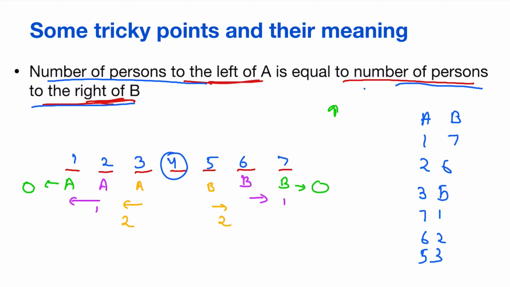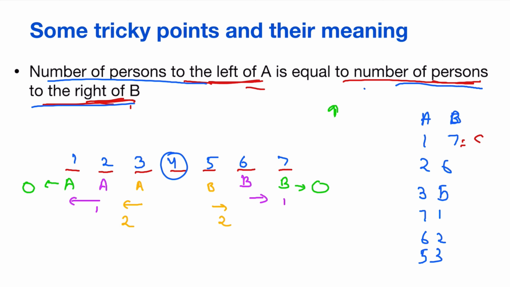But there is one thing common if you look very clearly: if I place A and B at different positions and I know that the number of persons to the left of A should be equal to the number of persons to the right of B, then the sum of the positions for A and B will be equal to the total number of positions plus 1.